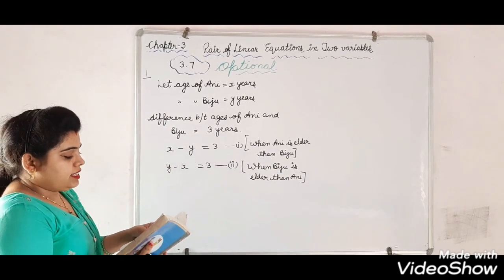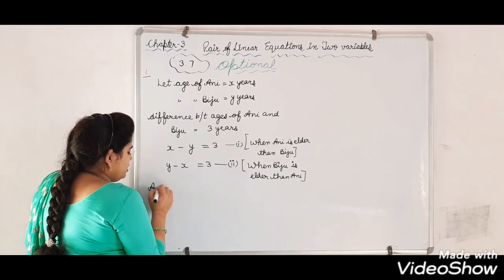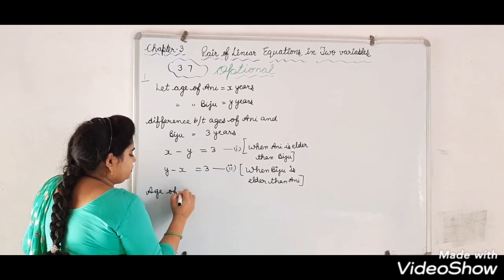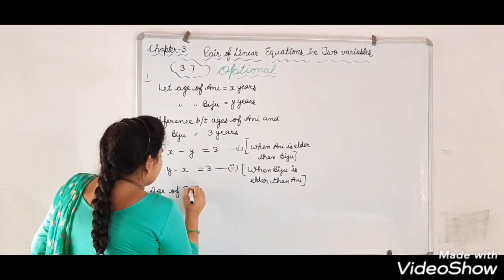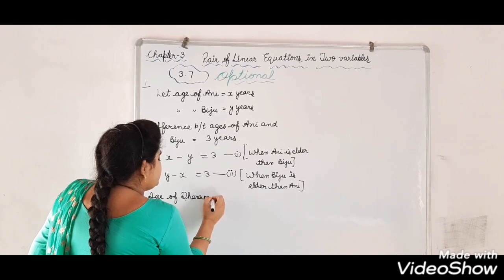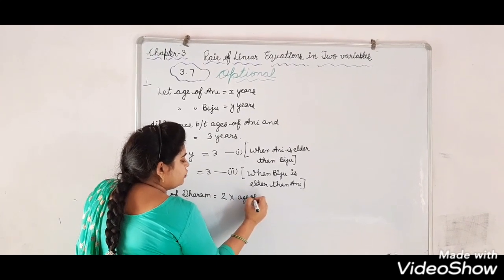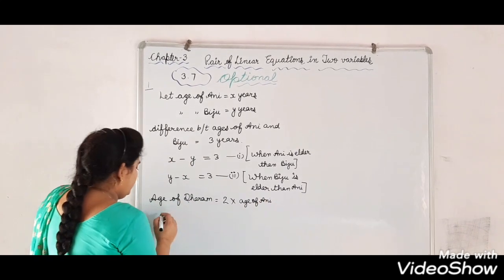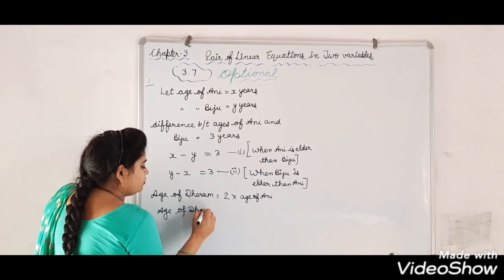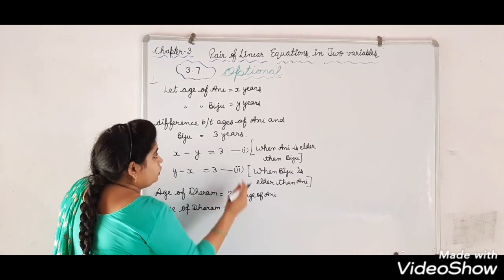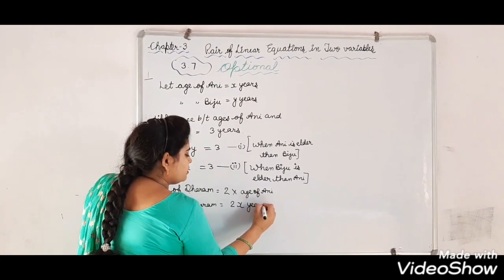Now in next line it is given that Ani's father Dharam is twice as old as Ani. Age of Dharam is equal to 2 multiplied by age of Ani, that is 2x years.